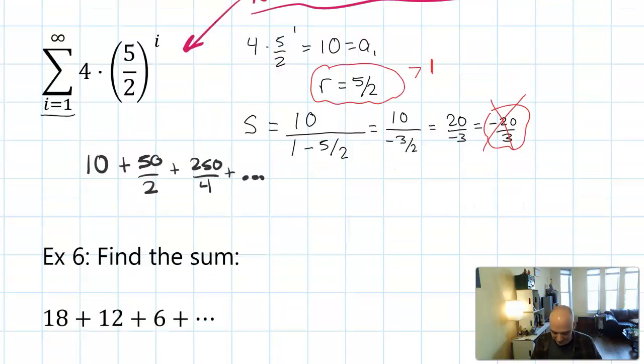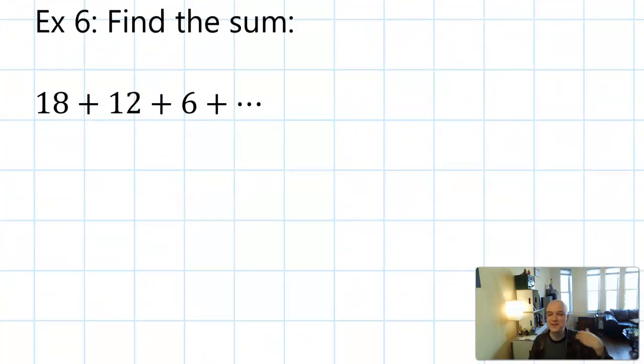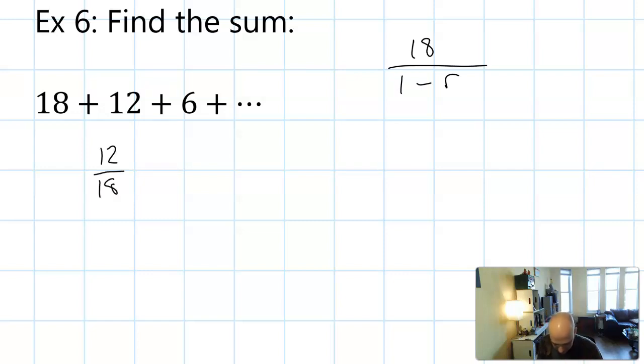Let's do another example. 18 plus 12 plus 6 plus, and keep going. Okay, well, let's see. I know the first term is 18, and I just need to know 1 minus r. Ooh, well, what could the ratio be here? I'll just do 12 over 18. That's 2/3 again.